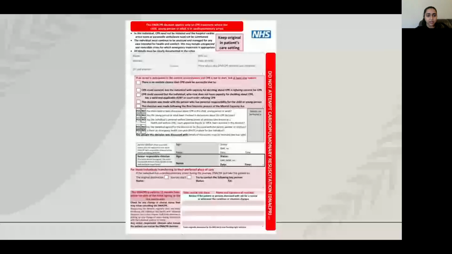And there's the DNAR, you can all see that. These are the ones you get at the hospital. You put in all the patient identifiable data to make sure it's the right patient, and then why you've signed it: why CPR has been stopped.